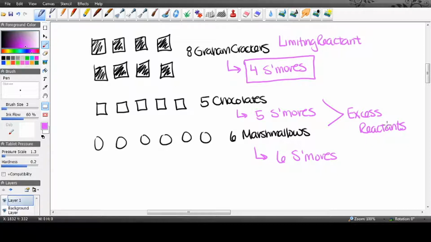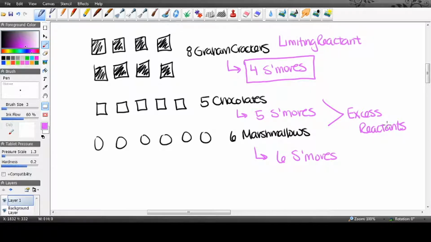It's also not the thing that you have the least mass of either. Because if we were massing all of these substances, the marshmallows would have the least amount of mass, right? Because they're mostly air. So even though the marshmallows have the least amount of mass, those are also not the limiting reactant. Okay, so the limiting reactant is going to depend on both the mass of the substance as well as how many moles or what number of each substance is required for that reaction to take place.